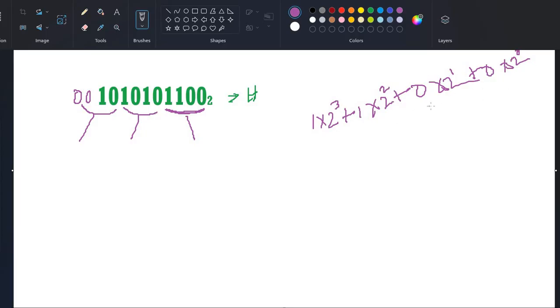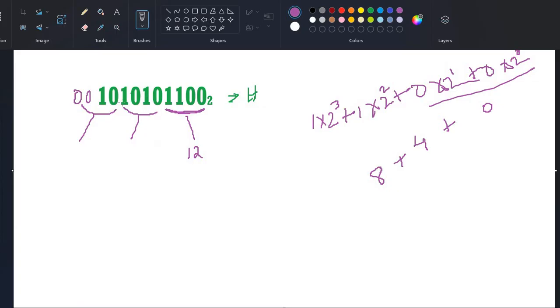So this part will give us 0 plus 2 to the power 2 equal to 4, 4 into 1 equal to 4. So we'll get 4 over here. Here 2 to the power 3 equal to 8, 8 into 1 equal to 8. So 8 plus 4, 12. We will get 12.